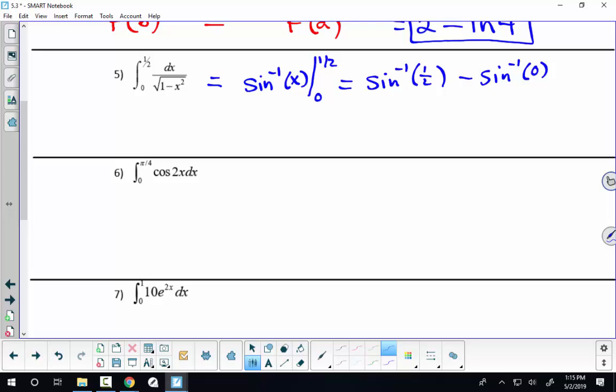In other words, the sine of what angle gives me 1/2? Pi over 6. And the inverse sine of 0? 0. So pi over 6 minus 0, which is pi over 6.